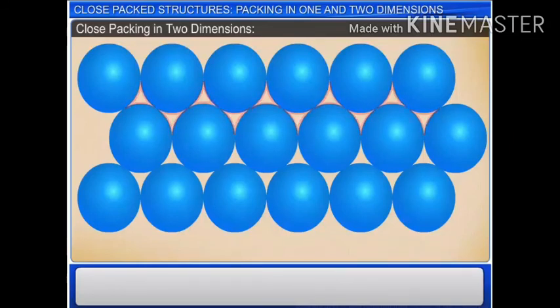These spaces left between the spheres can be divided into 2 kinds, B and C. The spaces marked B are the ones in which the apex of the triangular spaces is pointing downwards, while the spaces marked C are the ones in which the apex of the triangular spaces is pointing upwards.